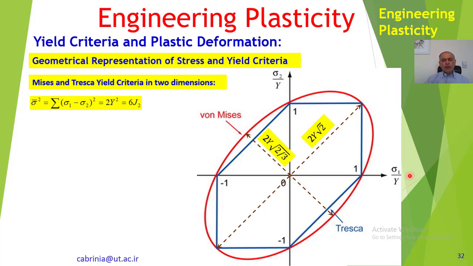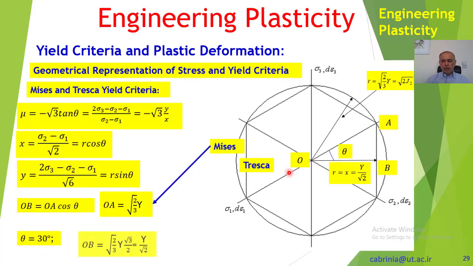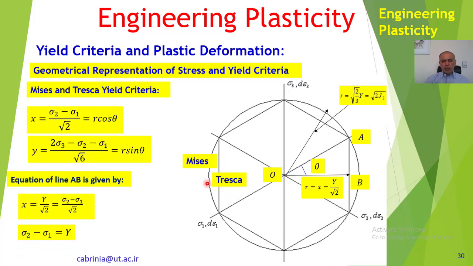perpendicular axes, and it's like before we projected the yield surface, the yield locus, onto the pipeline, and the pipeline was perpendicular to that cylinder. In fact, we cut the cylinder. If I show you here, we cut the cylinder perpendicular to its central axis.